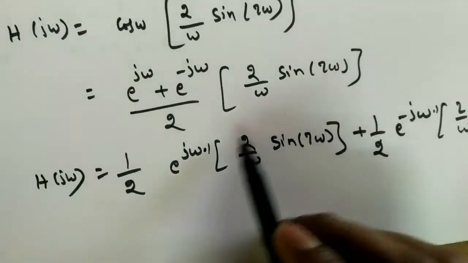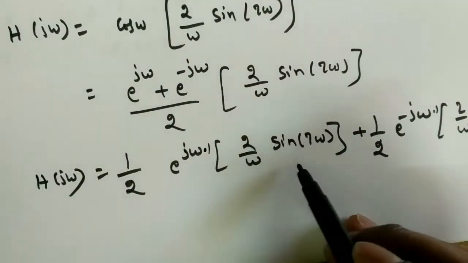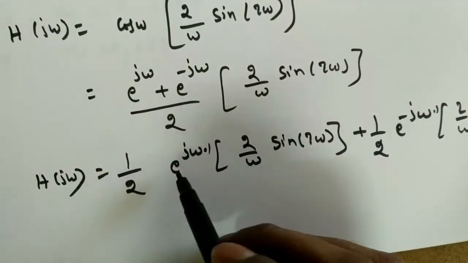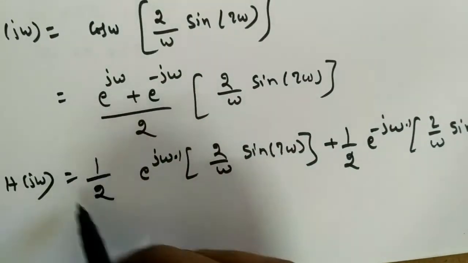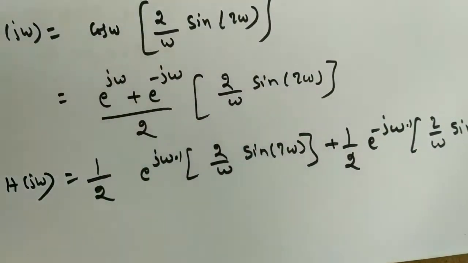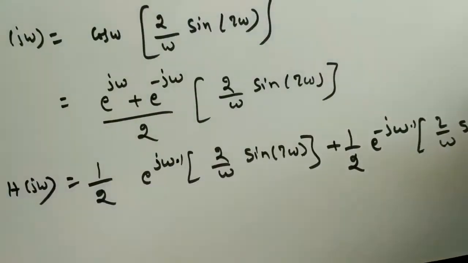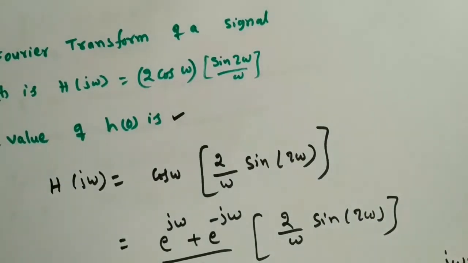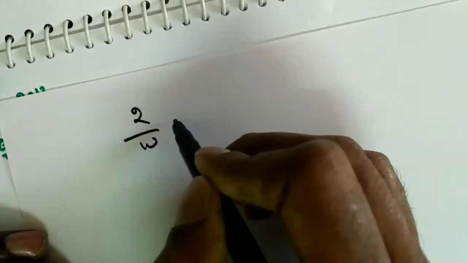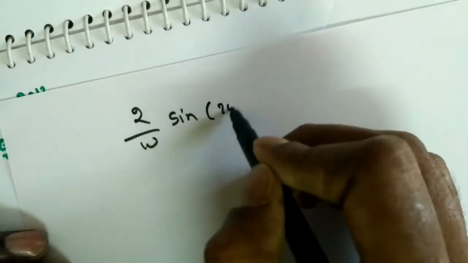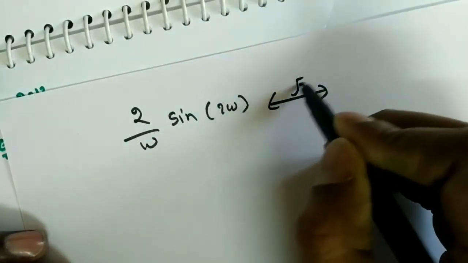Once we know the inverse Fourier transform of this one, we can easily shift that signal. Similarly here also, and the amplitude will simply be multiplied. So what is the inverse Fourier transform of 2 by omega sin 2 omega?